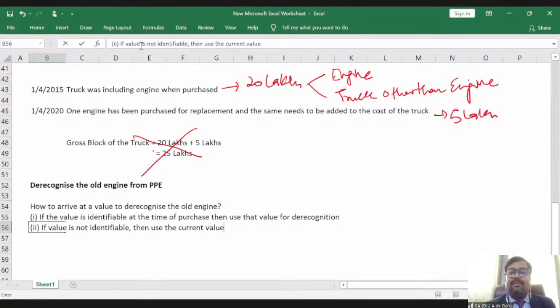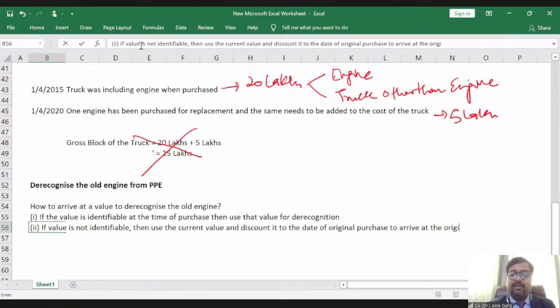So then use the current value and discount it to the date of original purchase to arrive at the original value.